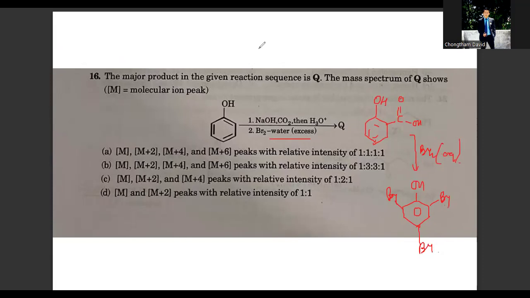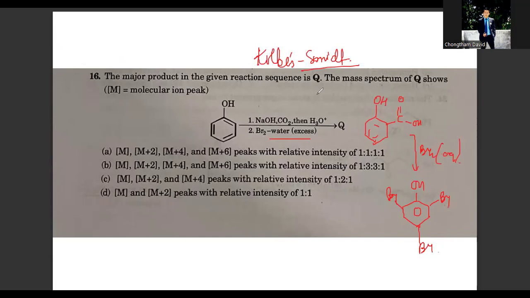We call it the Kolbe-Schmitt reaction in general. So the phenol undergoes Kolbe-Schmitt reaction where it reacts with sodium hydroxide and carbon dioxide to form salicylic acid, which is actually 2-hydroxybenzoic acid.